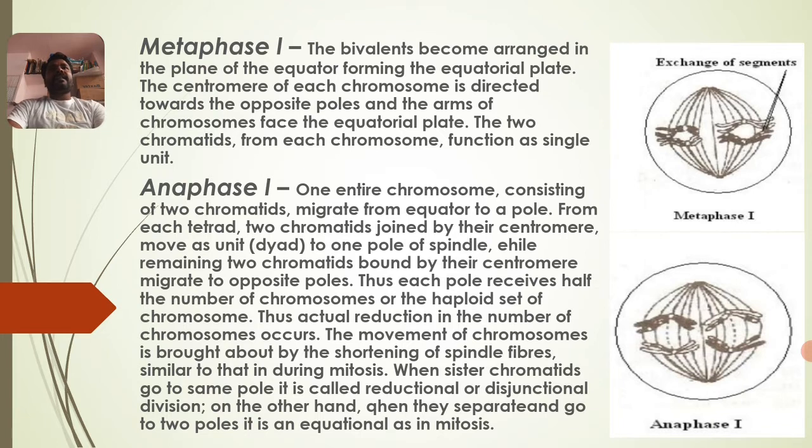Breakdown is by the activity of the endonuclease enzyme and reunion with the help of another enzymatic activity, that is ligase. Then the sister chromatids become non-sister chromatids, because there is an exchange of a segment of chromatids from maternal to paternal and paternal to maternal. Even though there is an exchange of genetic material, or the genes, hence the pachytene stage is the basis for evolution and also origination of new species.